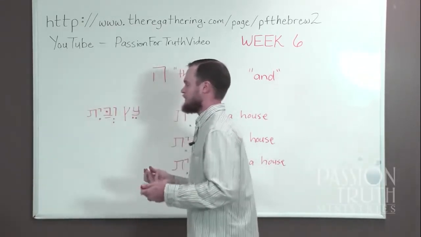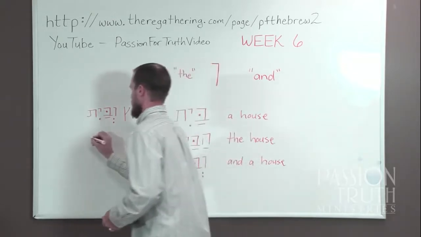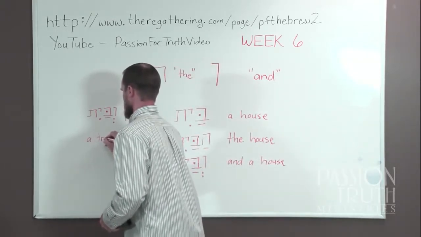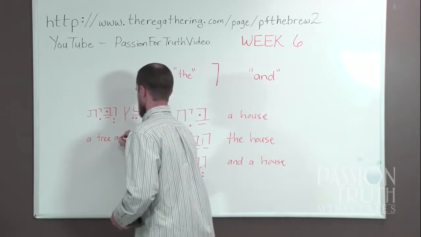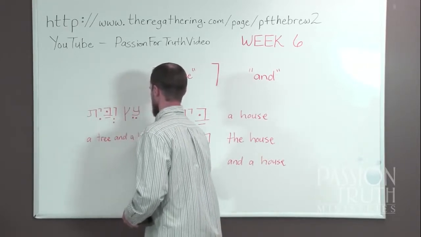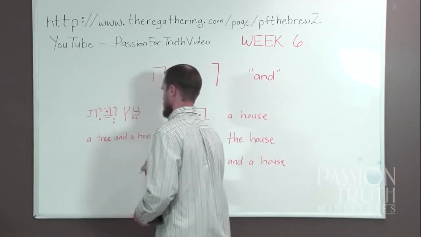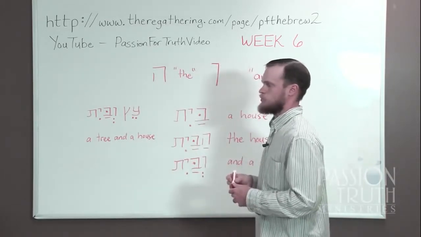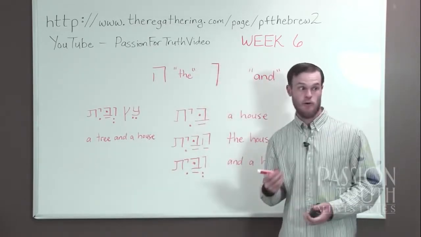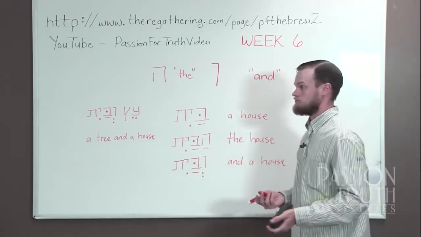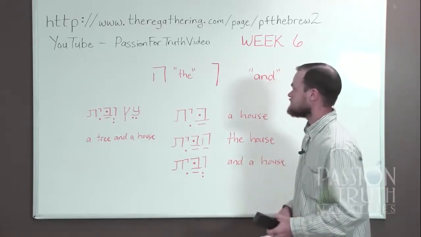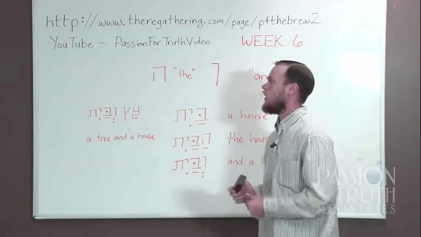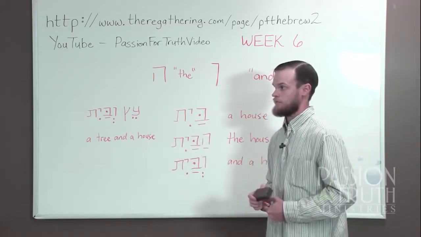Eretz would be land, but eitz is tree. This is not a sentence, just a phrase, to show you how the vav functions as a prefix: a tree and a house. It's directly affixed to the word, and it means 'and'. You will see this all over the place.